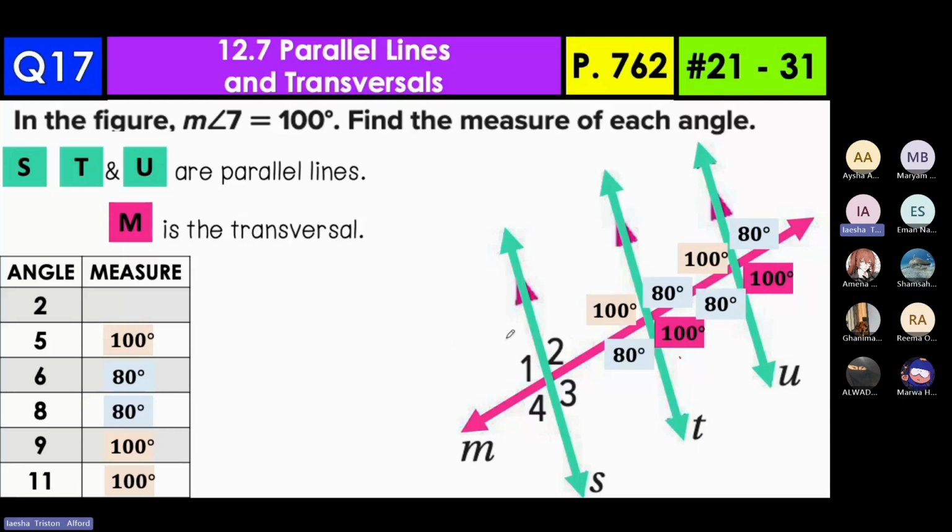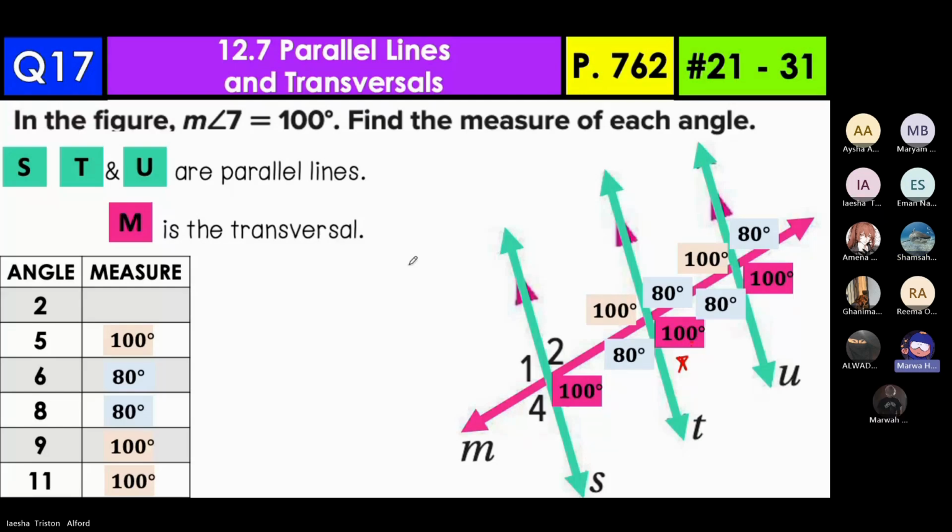We have one more square to do, right? Angle 7. This is the one they gave us. This is the given. Angle 7 is in the same place as what angle in this square? 3. Angle number 1. What's the name and how? Vertical, 100.